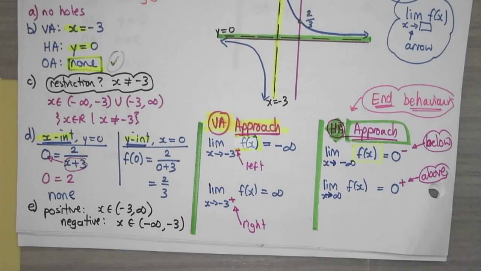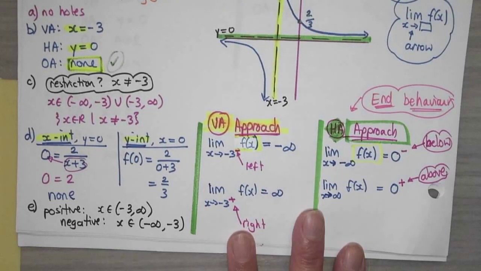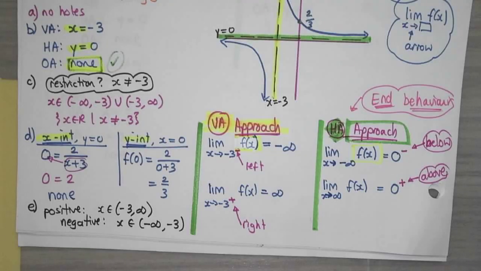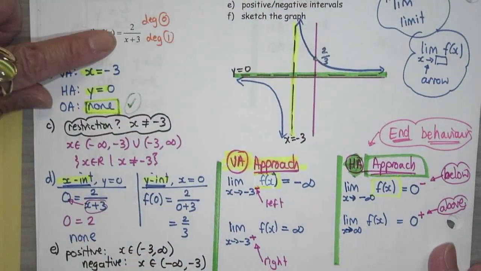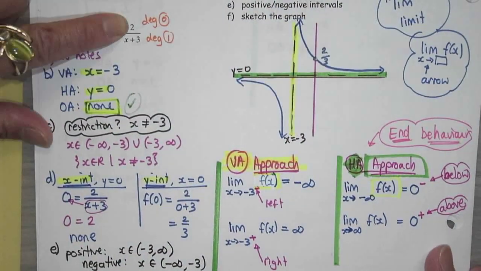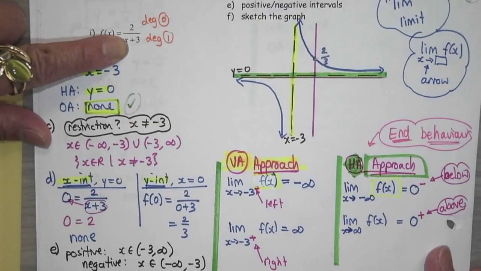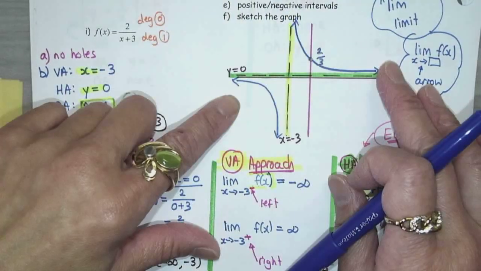So that's the notation I want you to use with our answers from now on, right? So our approaches. Now, there's also something called a check. For this graph here, we know what the graph looks like. It's the reciprocal function, vertical stretch by 2, move left 3. We already know nothing's happening.